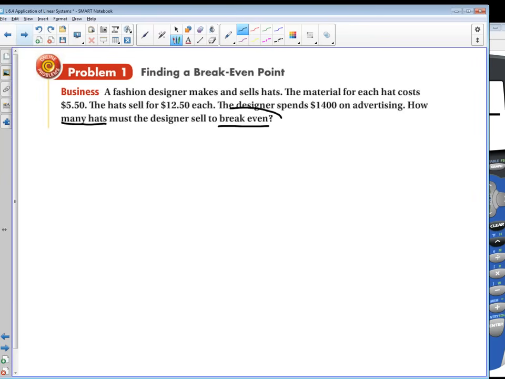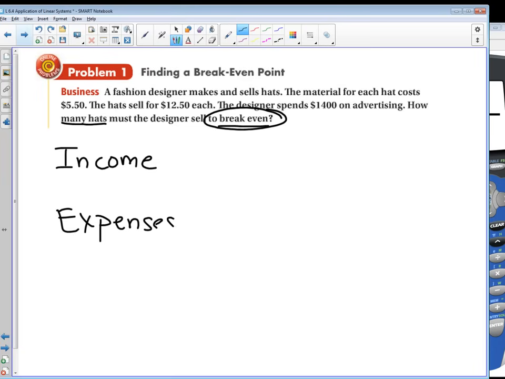Now, the break even in this question is your indicator that you're going to be dealing with a problem that has two equations, one for income and one for expenses. So in general, if you see a break even in the question, you're going to want to set up two equations like this. So you look through the problem and you decide, where are my expenses?